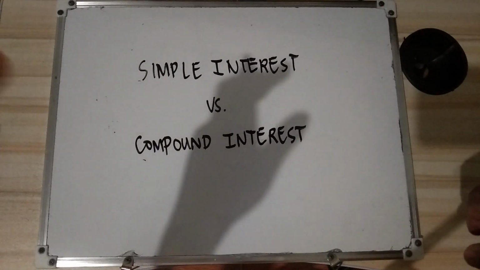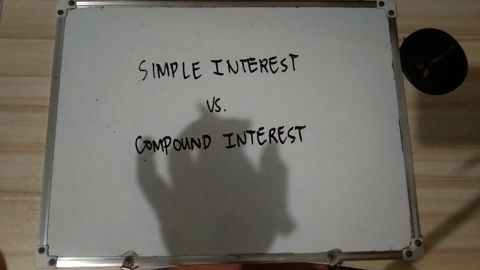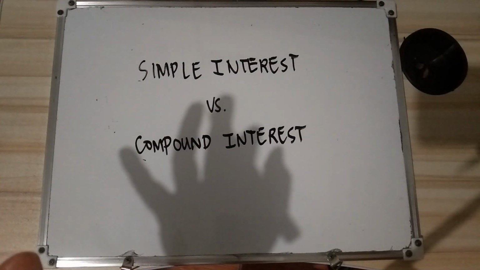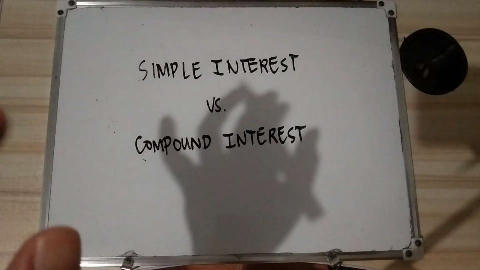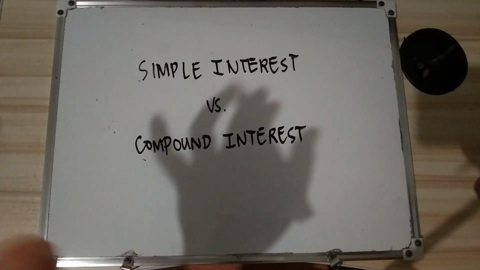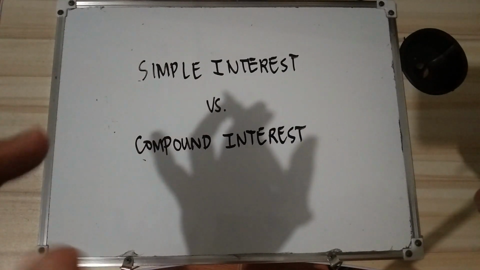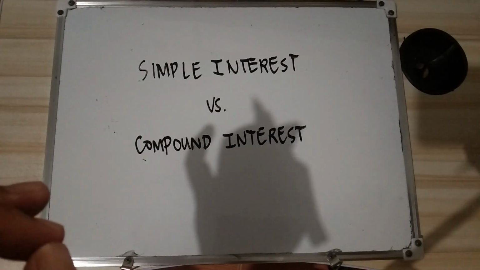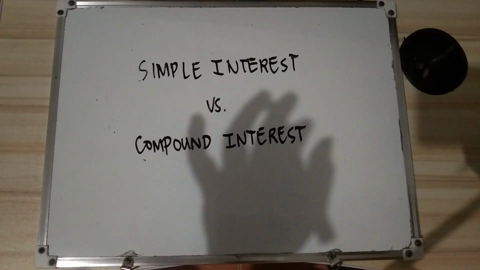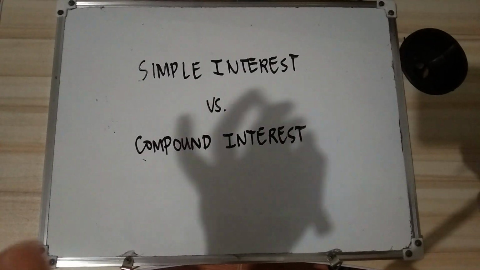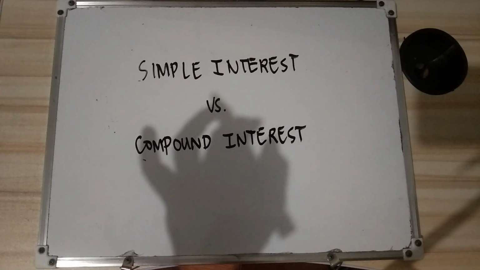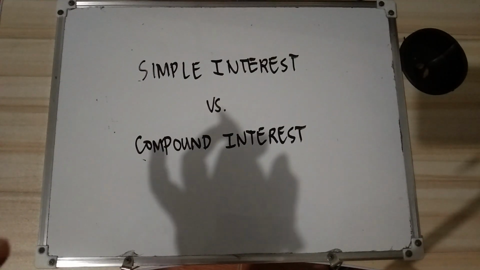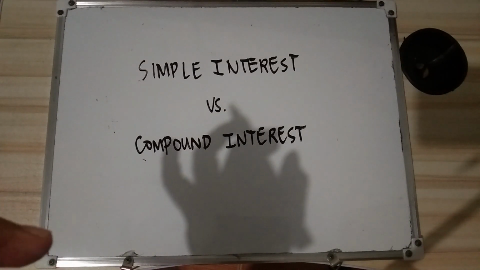So, sa pangalawang compounding period, yung bagong puhunan niya, yung bagong principal, is yung may kasama ng interest dun sa unang compounding period. Okay? So, nadadagdagan. Kumbaga, yung puhunan, okay, kada compounding period ay nadadagdagan ng interest, which is kinukuhanan ulit natin ng interest. So, yun yung sinasabi dyan sa compound interest. Okay?